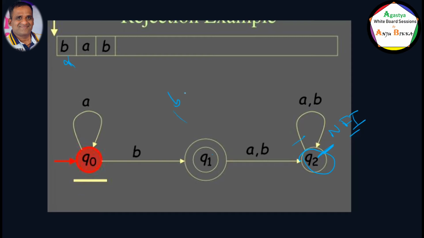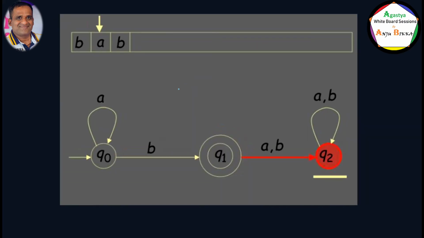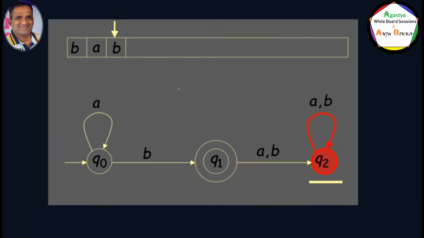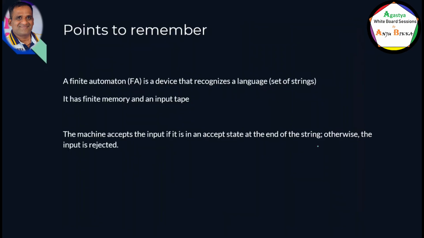So this input BAB is a rejected input. Now we can see the transitions. On B it reaches there, on A it reaches there, on B it is looping over. Now the input is finished and it ends up in the non-final trap state, which is rejected.